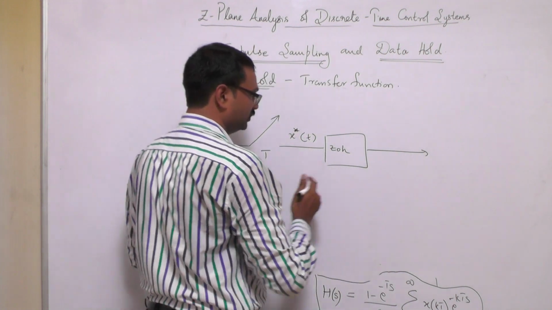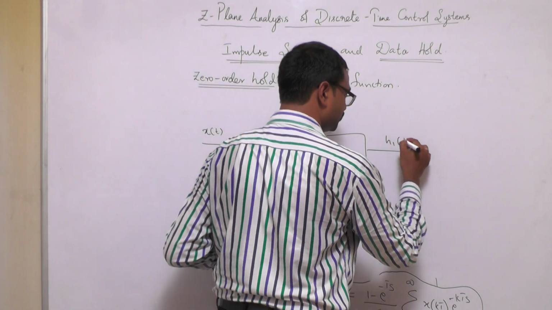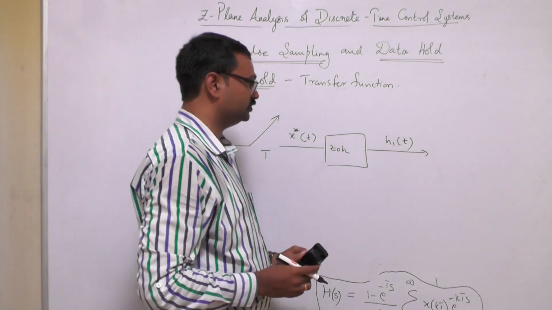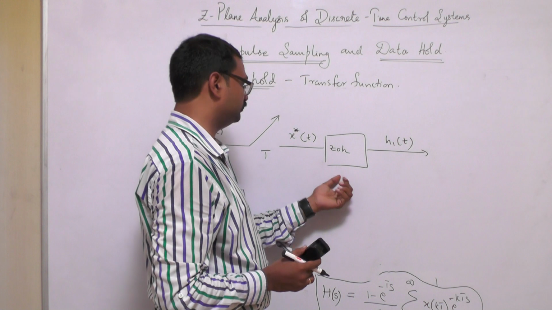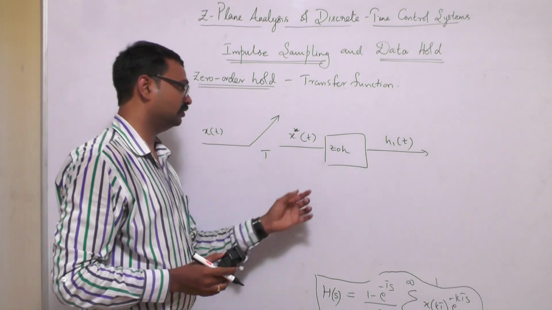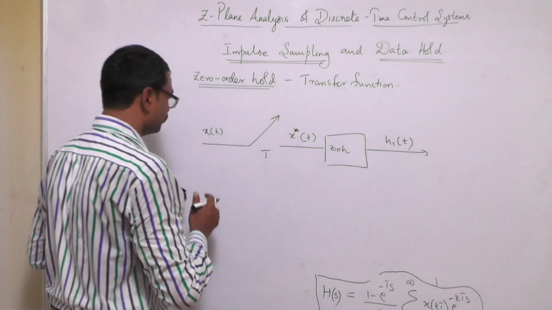Let me say I am getting a function h1 of t. Now h1 of t is our continuous time signal obtained from the zero order hold, when a discrete time sequence is applied to the zero order hold. The output will be a continuous time signal.